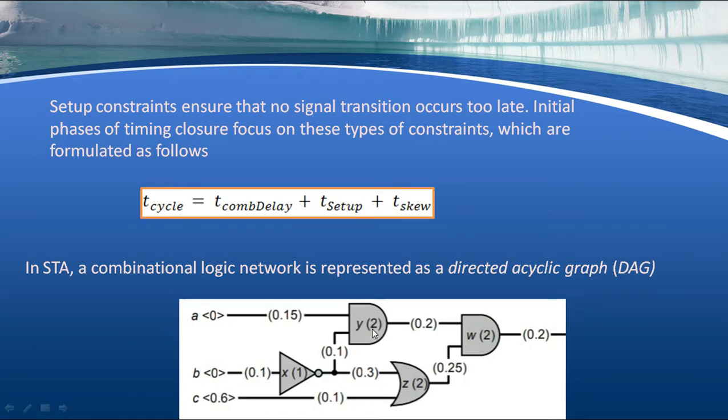This 0.6 time means it starts from 0.6 and the delay will be added. The propagation delay is 0.1. So this is how a DAG is created for a combinational logic network, showing how much delay occurs and where.